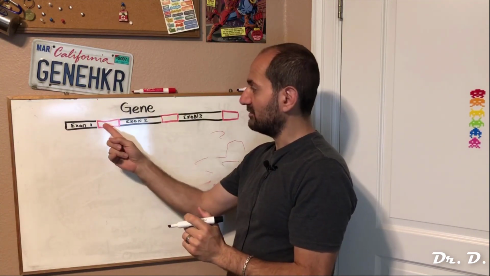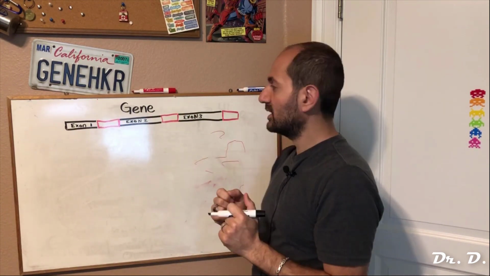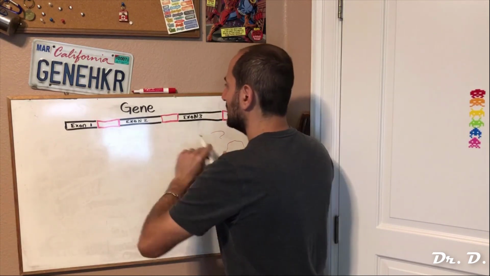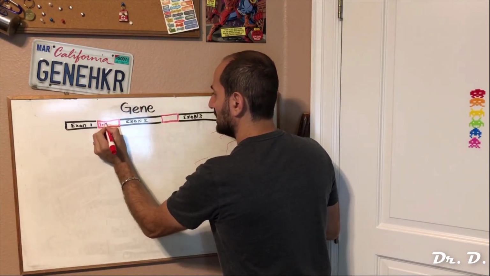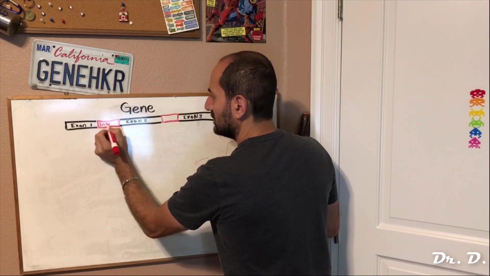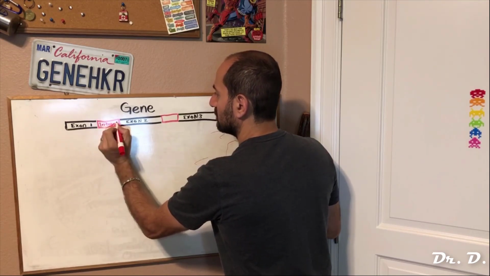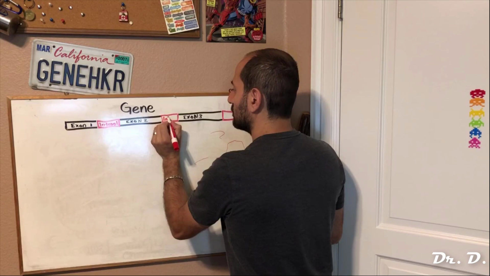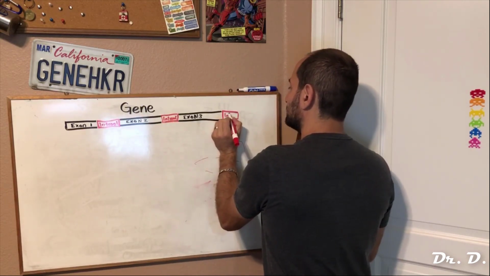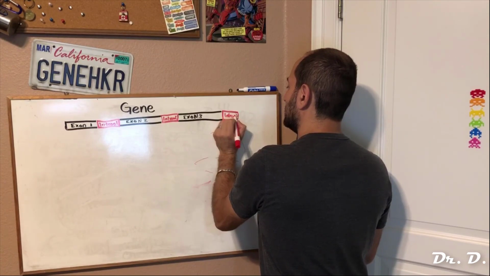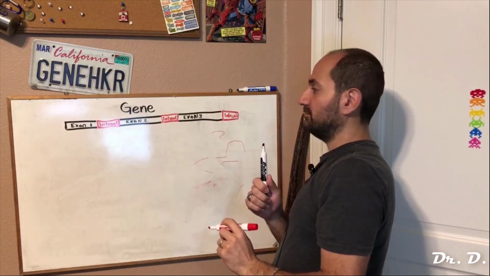But then you also have the other filler parts, and the fillers are called introns. So this would be intron 1, intron 2, and intron 3. Intron 1, 2, and 3.